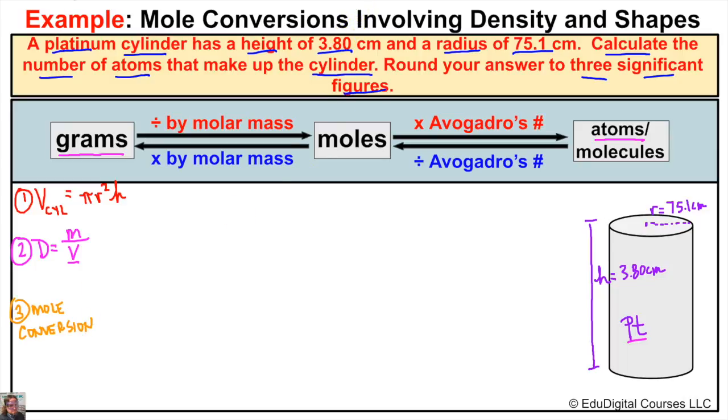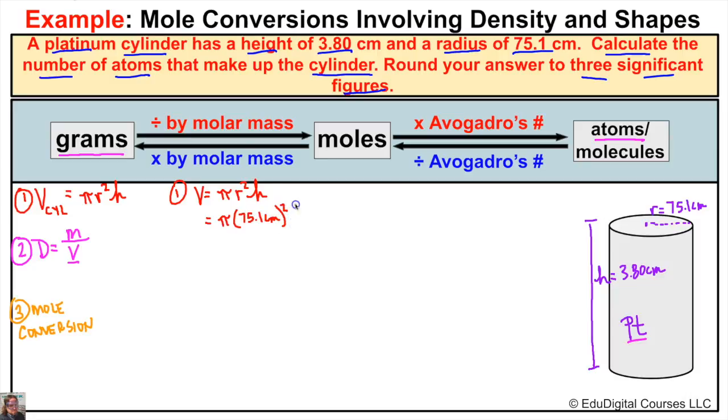So let's go ahead and start with step 1. In step 1, we are going to use the volume of a cylinder formula to figure out the volume of this platinum cylinder. So the volume is going to equal pi, which you know is 3.14, times the radius. What's the radius here? It's 75.1 centimeters.